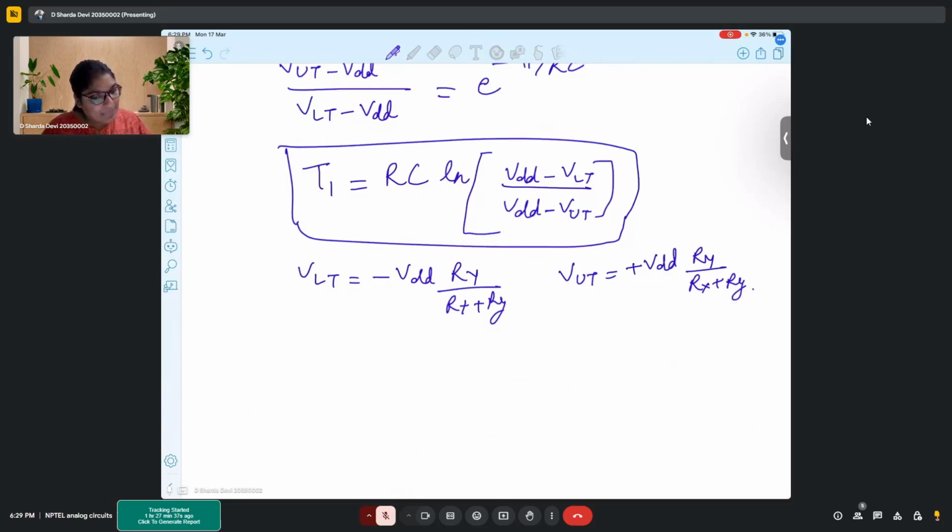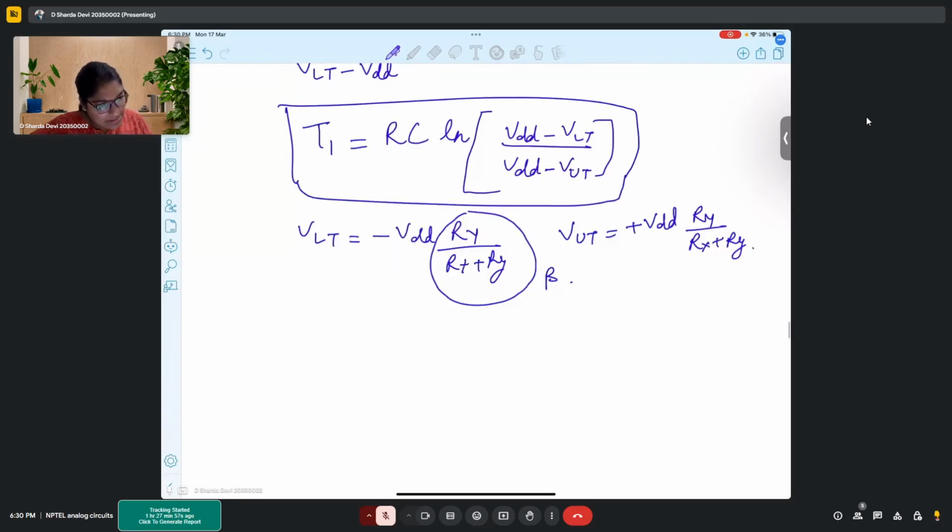Now, if I call this factor beta, then VLT is minus beta VDD, and VUT is plus VDD into beta.